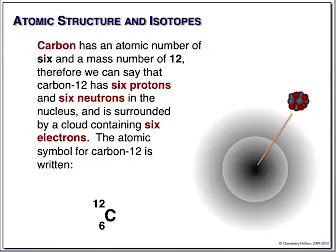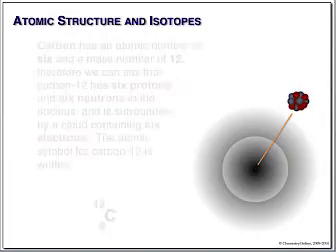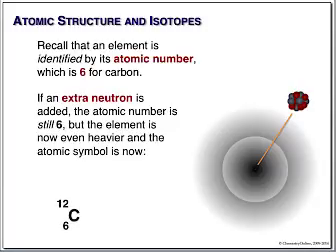All right. Now, because the number of protons in the nucleus defines what element it is, I could take carbon and I could add another neutron to the nucleus. When I do this, I get a carbon with a mass number of 13.